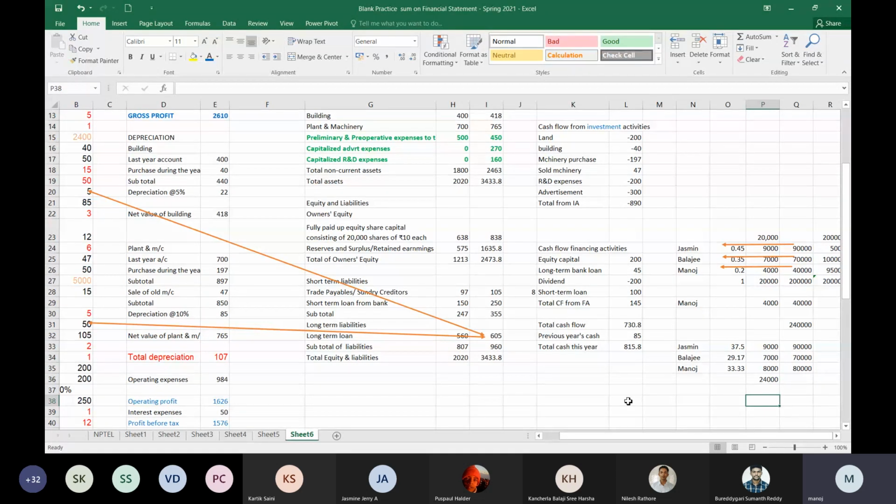So for 7,000 shares, we can give you 5 lakh rupees. Then Balaji agrees and moves away. Now, Jasmine and I discuss who should get these 7,000 shares and pay him 5 lakh rupees.